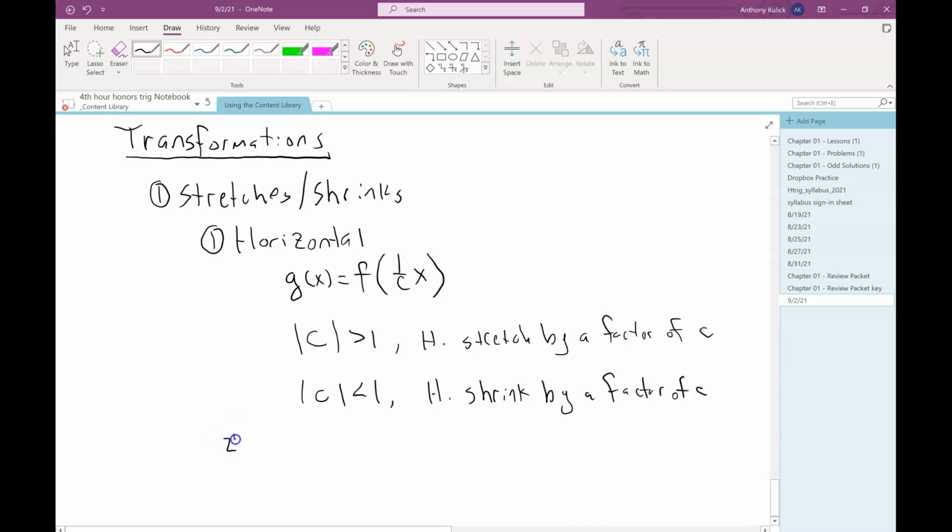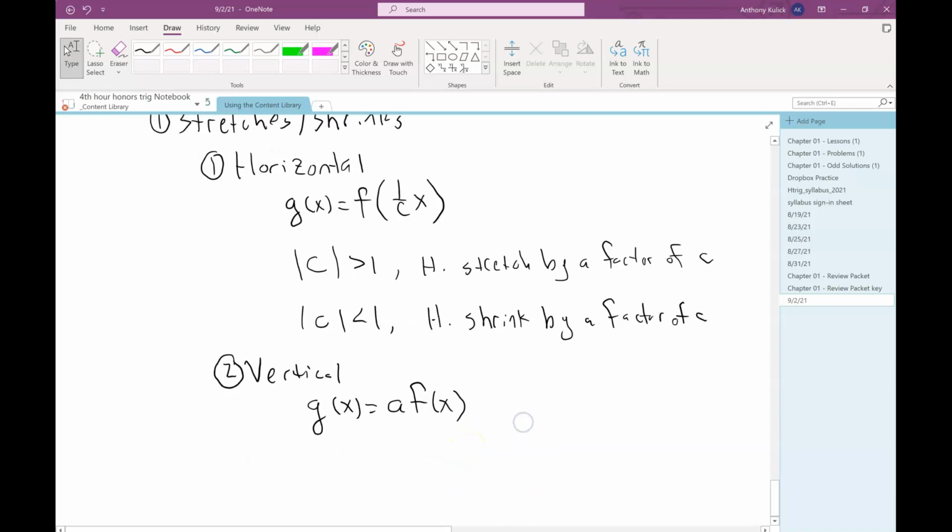If the stretch or shrink is vertical, we're going to multiply the y coordinate by a constant. We'll use the letter a to represent that constant. If the absolute value of a is greater than 1, we have a vertical stretch by a factor of a. And I guess we should probably put absolute values around these.